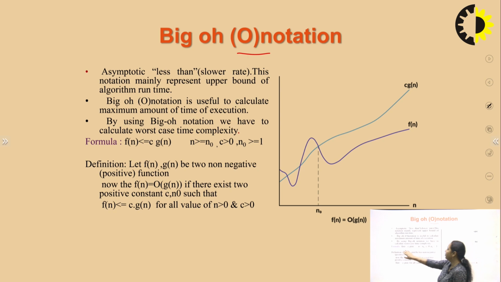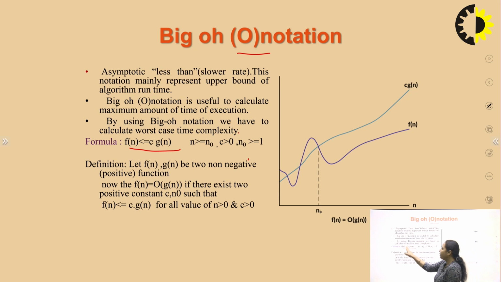The formula we get here is f of n is less than or equal to c into g of n, where n is greater than or equal to n0, c is greater than 0, and n0 is also greater than or equal to 1. Means all are positive constant integers.